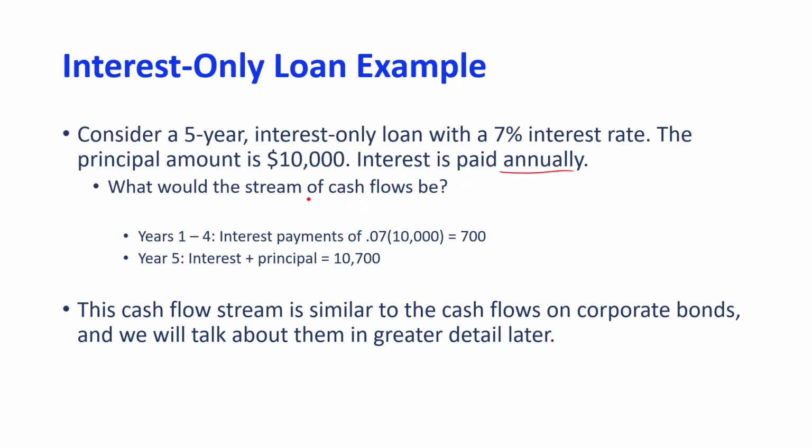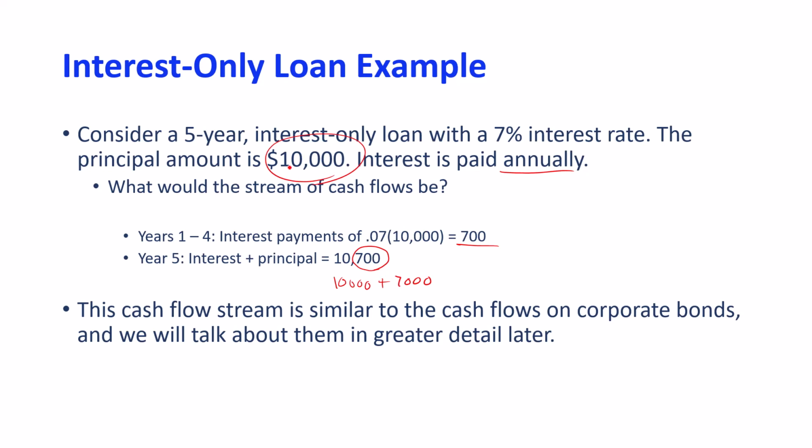So the stream of cash flows is like you're going to pay $700 interest on the loan every year from year 1 to 4. And then in the last year, on top of the last interest that you have to pay, you also have to come up with $10,000, the principal that you borrowed in the beginning.